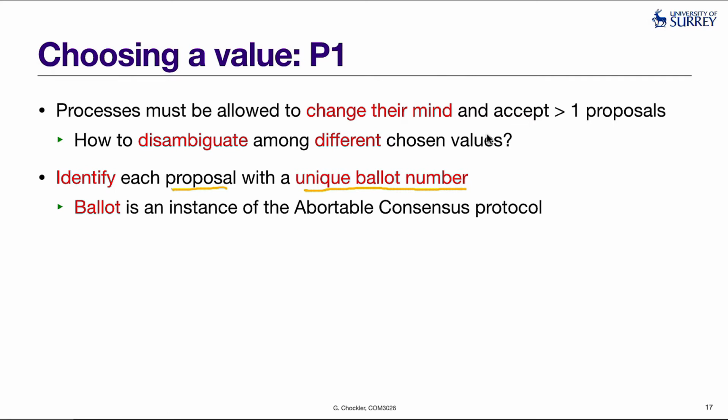If you look into the Paxos Made Simple paper, there is another proposal for how we can have unique ballot numbers. But for the remainder of this lecture, we will just assume that these unique ballot numbers can actually be generated and assigned to the ballots.